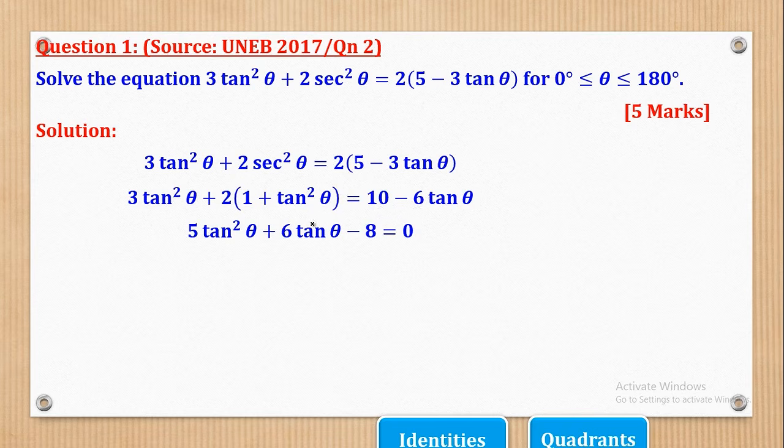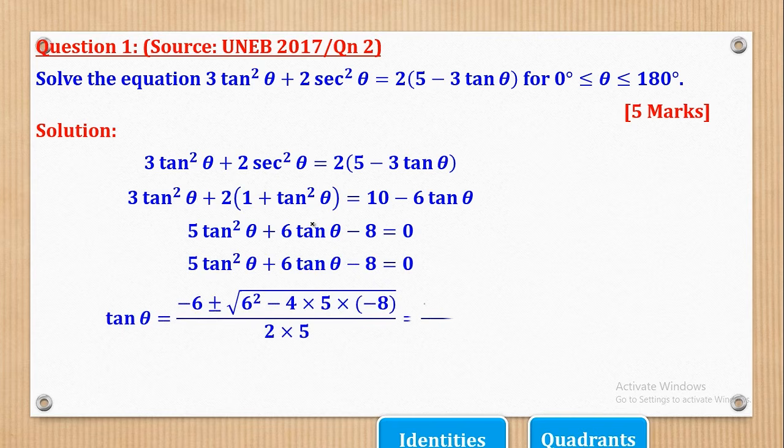Now that I've got a quadratic, I can use either bulldozer method to solve. So when I use bulldozer method, I'll come up with that. So remember, bulldozer, it is negative b plus or minus the square root of b squared minus 4ac over 2a.